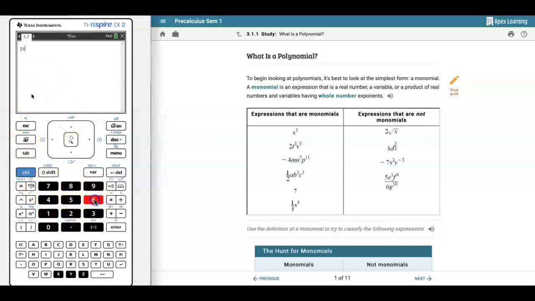If I do 16 to the power of 0.5, that's 4, the same thing as if I had done the square root of 16. So when you see a square root, that's saying something to the power of 1/2. So 3/2 again is not a whole number integer.